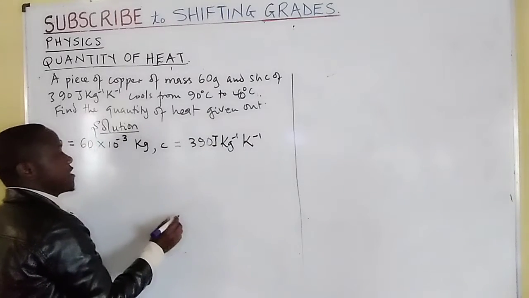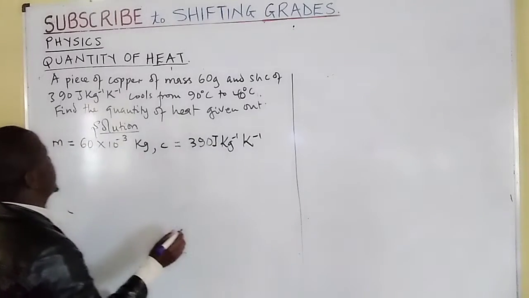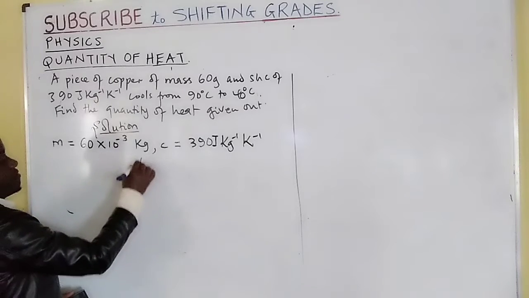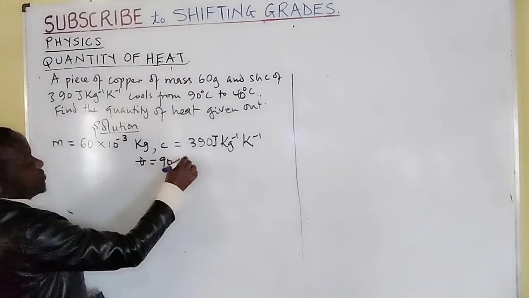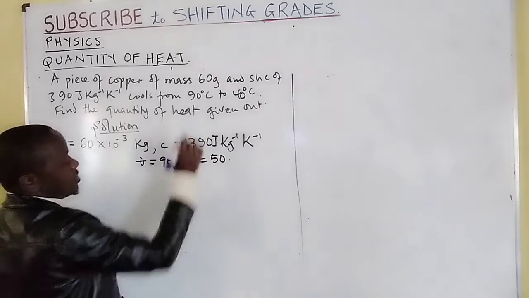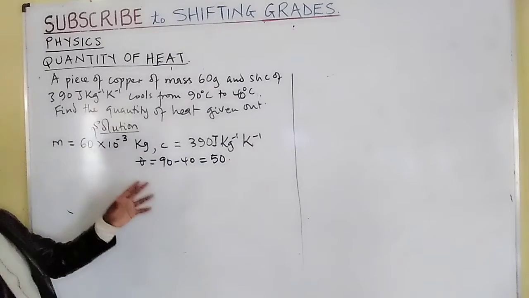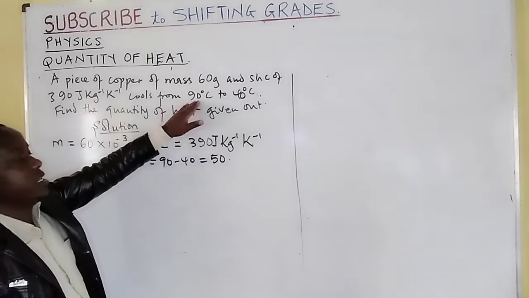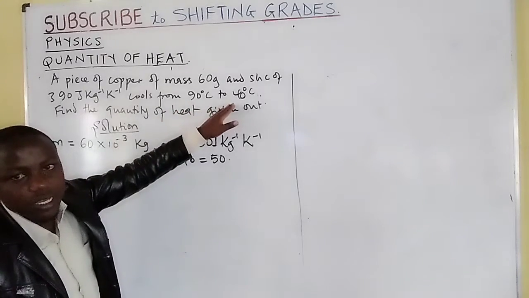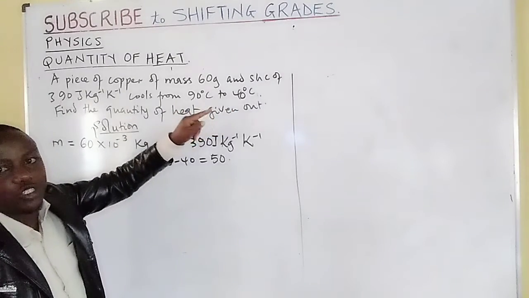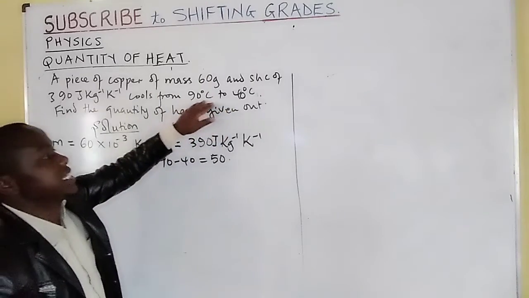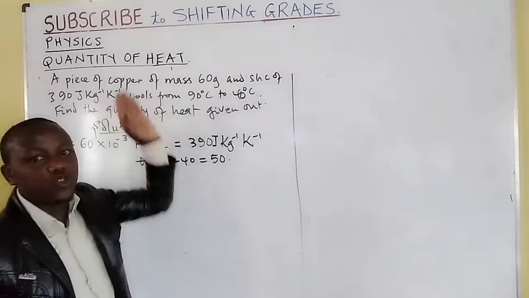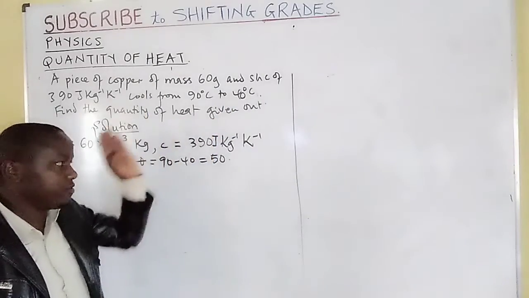And the change in temperature, from 90 to 40, is 50. Whenever temperature is changing, whether in Kelvin or degrees Celsius, we don't convert to Kelvin. Whatever unit we get as the difference, we just use the absolute value.